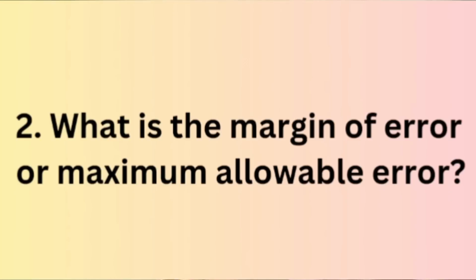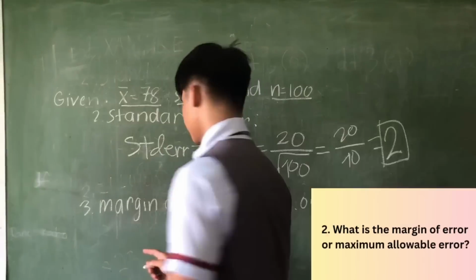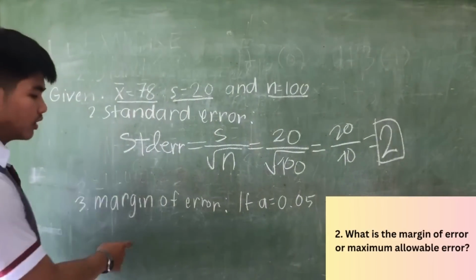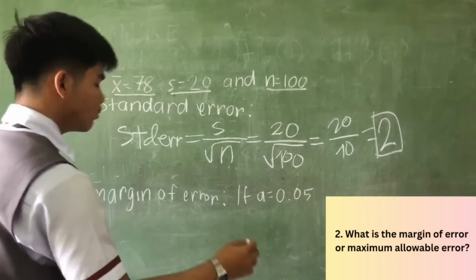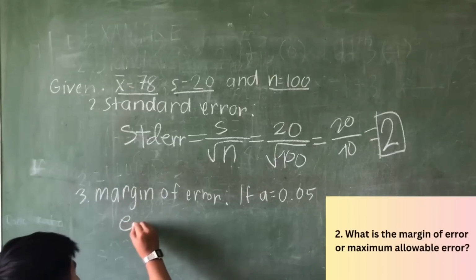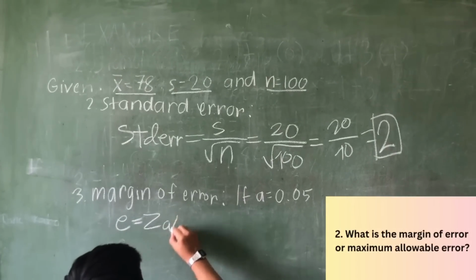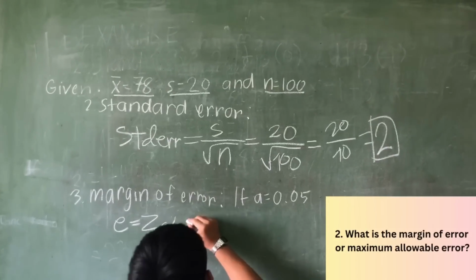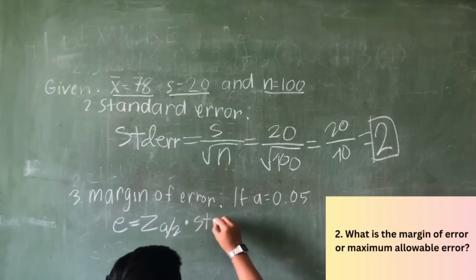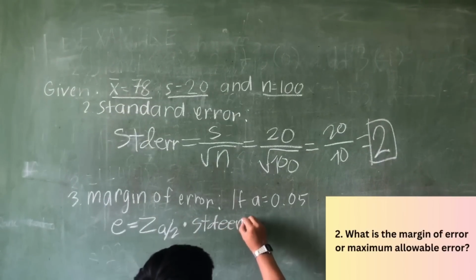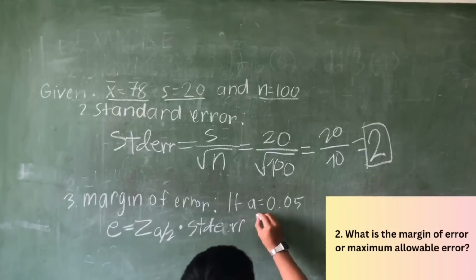Now for our next question, we have to solve for the margin of error. Our formula for error is E equals z sub α over 2 times the standard error of the sample mean.